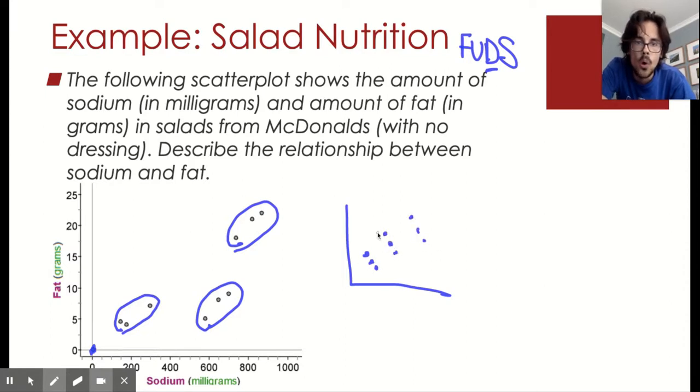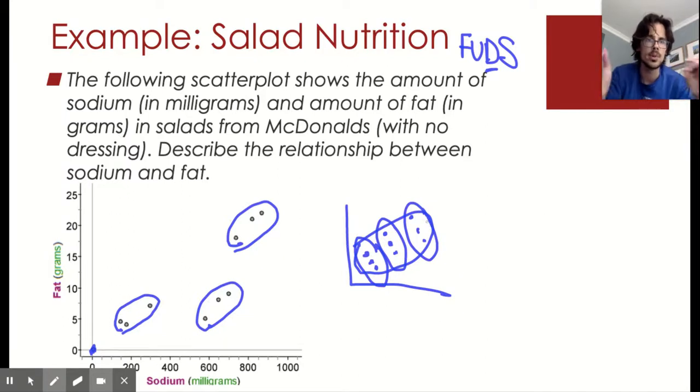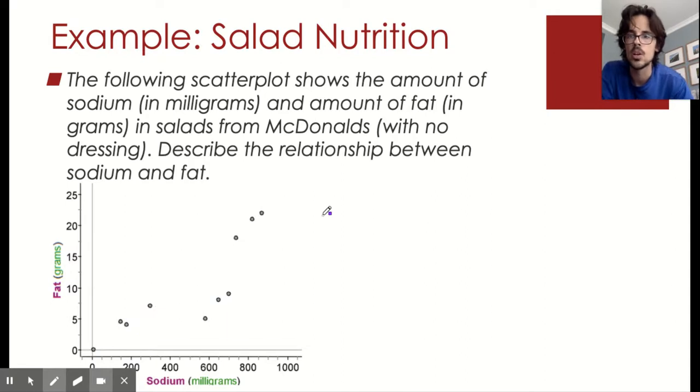So your overall trend, if you look at just all the dots, does still appear to be positive right here. Still a relatively positive pattern, but within each cluster, it's going negative. So you can have a situation where there's a difference there, and you just talk about both of those if that's the case. But in my problem right here, both within the clusters and overall, it appears to be positive.